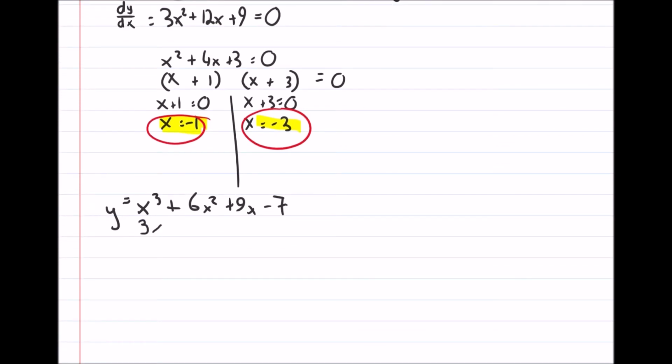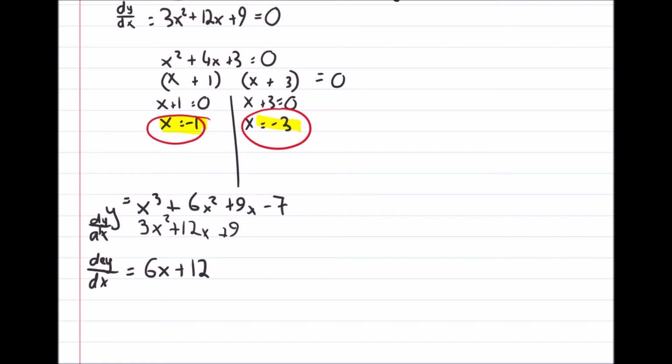I got 3x squared plus 12x plus 9. So that's dy/dx. I need now to differentiate it a second time. If I do that, I will get 6x plus 12.